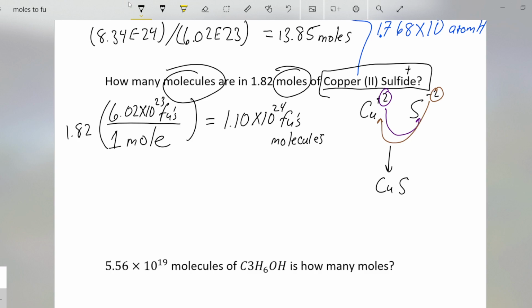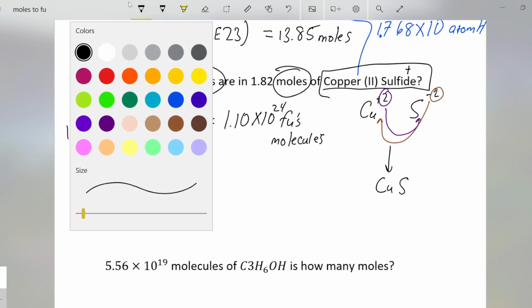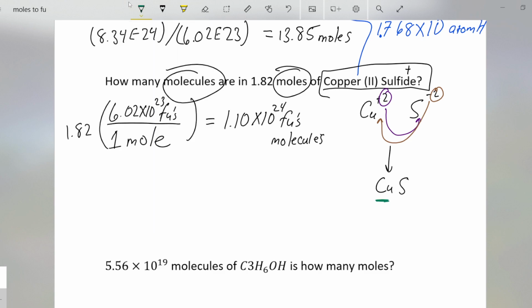Now I know that there is 1 copper in every molecule of copper 2 sulfide. So just like we were saying with balls and cups, I have a green ball and a red ball in my cup, and let's say there were 5 cups, and I would wonder how many total green balls there were, where it would be 5 times 1, and it's 5 green balls.